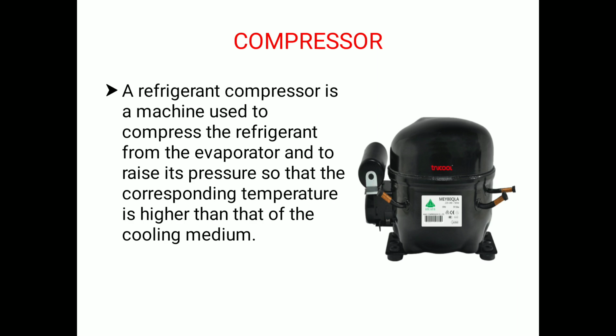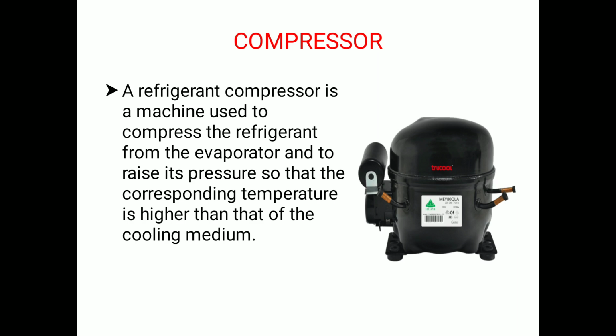A refrigerant compressor is a machine used to compress the refrigerant from the evaporator and raise its pressure so that the corresponding temperature is higher than the cooling medium, and it also continuously circulates the refrigerant throughout the refrigerating system. So these are the main important works of a compressor.